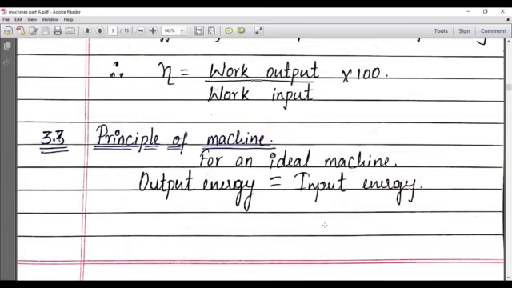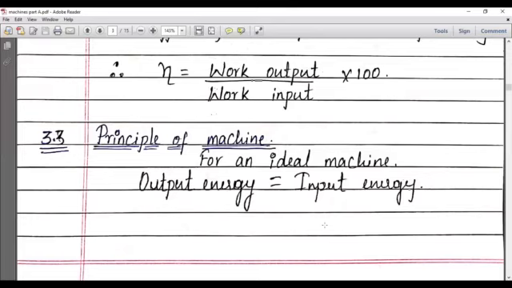And the point where energy is obtained by overcoming the load is called the load point. There will be some point in the machine where the energy is obtained by overcoming the load. It means we are doing work. So that is called the load point.